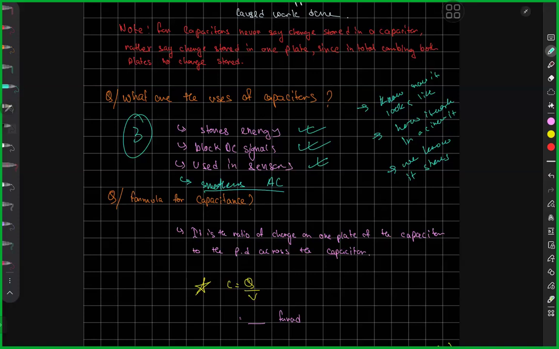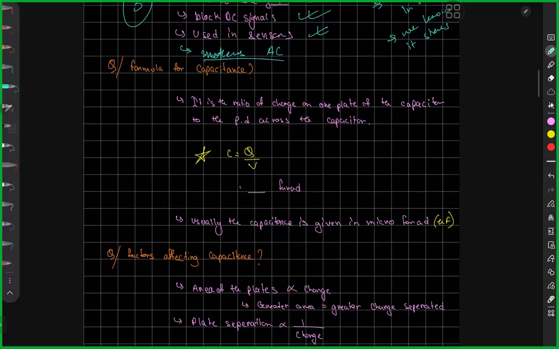So basically, there's three, four things you need to know when asked the question, what are the uses of capacitors? So stores energy, blocks DC signal, DC, direct current, basically. Unlike alternating current, it is simply one flow of electron, electricity. So it's a direct current. Now, the third is it's used in sensors, and the fourth is it smoothens alternating current. Okay, fair.